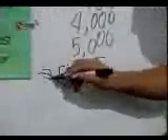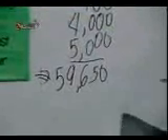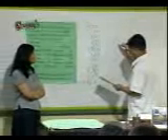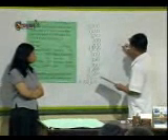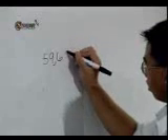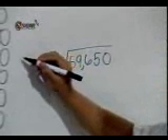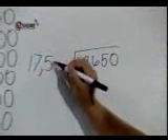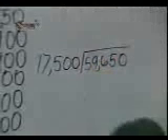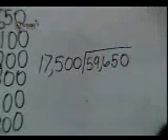Good. Then I will divide the total expenses by the number of miles driven, which is 17,500. So what was your answer?